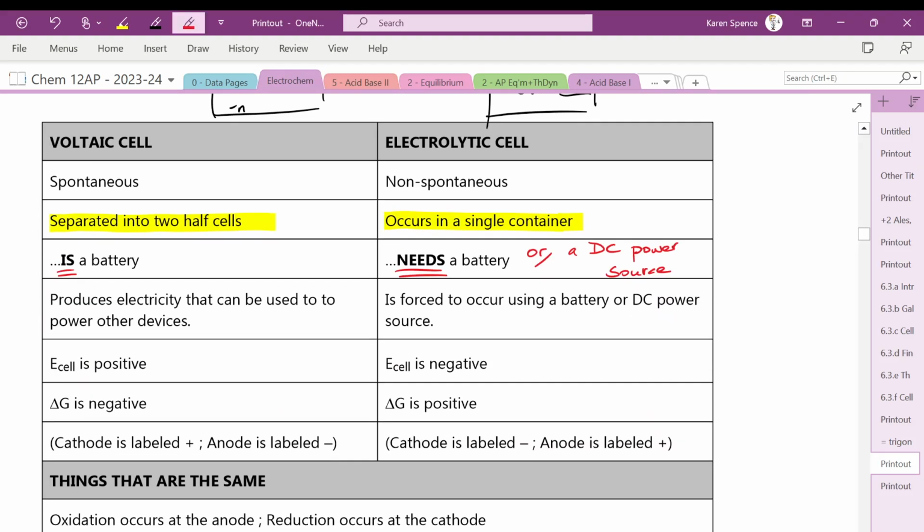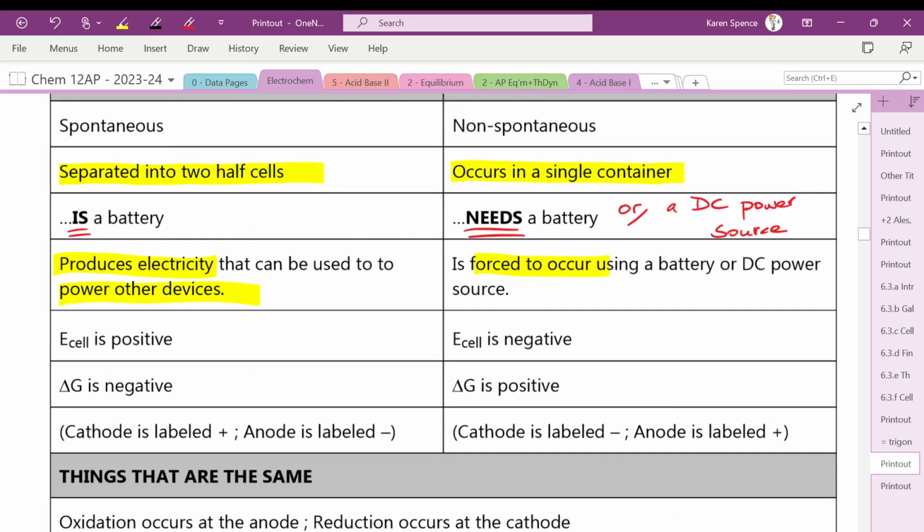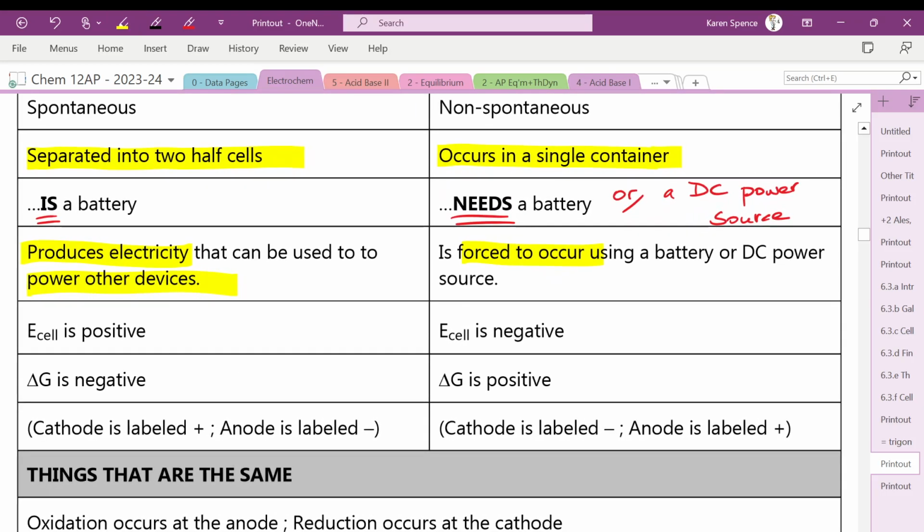The voltaic cell produces electricity and powers other devices. The electrolytic cell is forced to occur by the battery or DC power source. The E naught of the cell is positive, and the delta G is negative for a spontaneous cell.